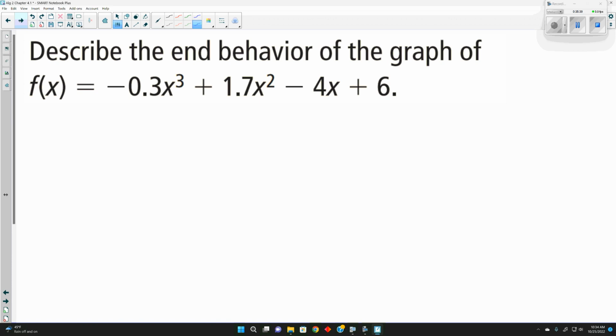So let's look at this next one. What's the degree? And the leading coefficient is negative 0.3, yes? Which is our negative.